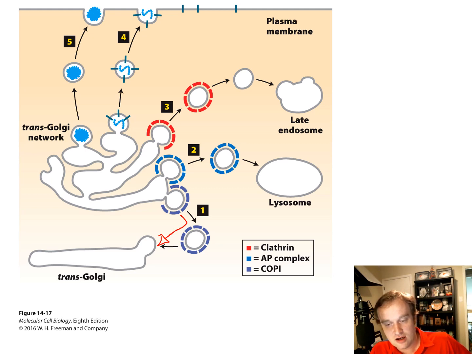There are AP complex vesicles that potentially have a clathrin coat, and these transport lysosomal enzymes directly to the lysosome. So they're AP complex, but like I said, they could potentially have that clathrin coat.